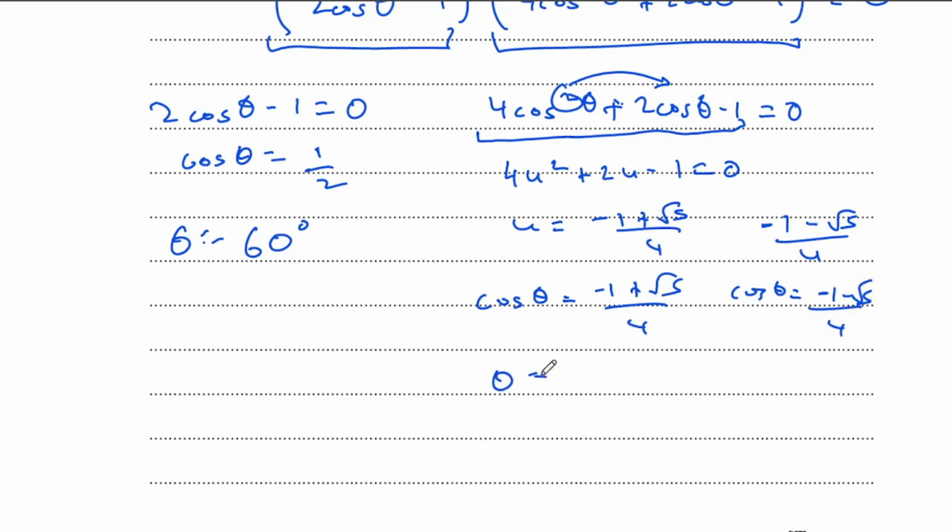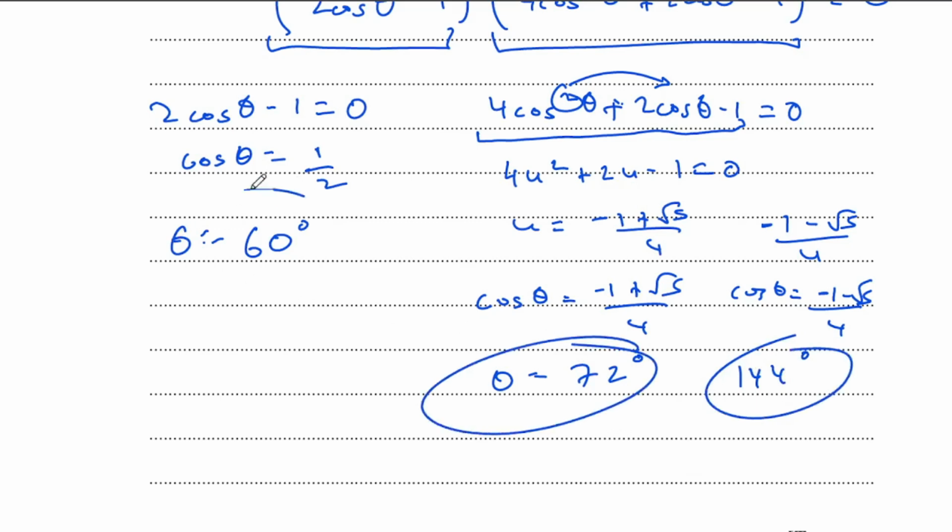Find the theta here. This is going to be cos inverse of negative 1 plus root 5 over 4. This gives you 72 degrees. This one, negative 1 minus root 5 over 4, gives you 144 degrees. And these three are going to be your answers for this question.